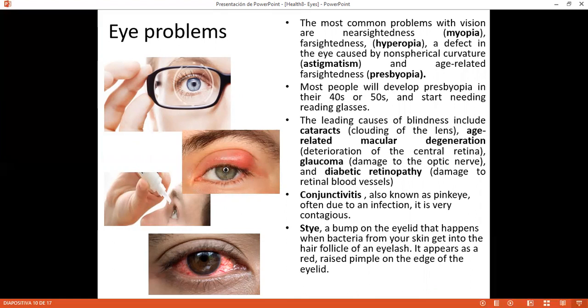It's like a bacteria that gets in your hair follicle or the eyelashes, and then it gets infected and a bump appears because it's an inflammation, and it's quite painful.